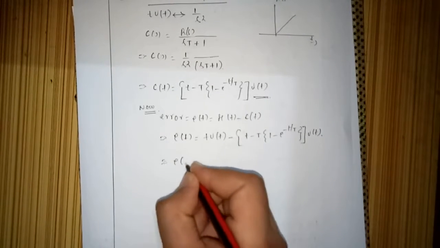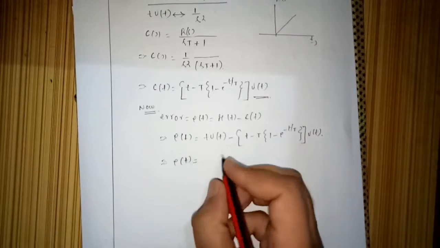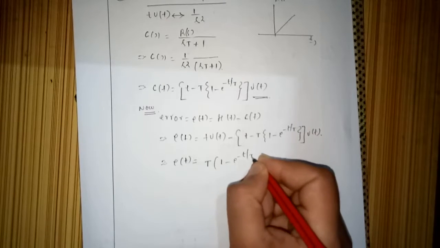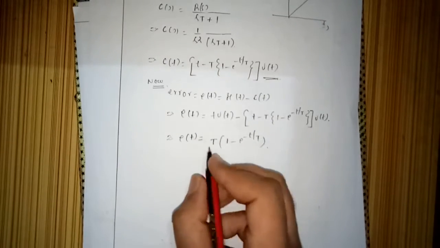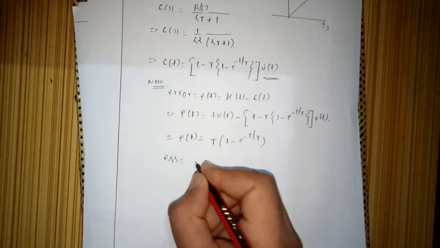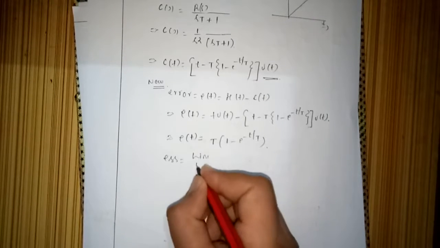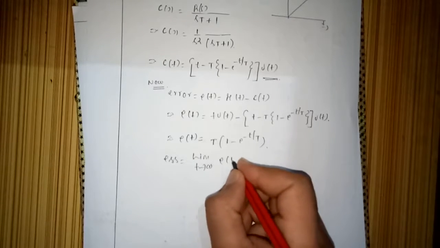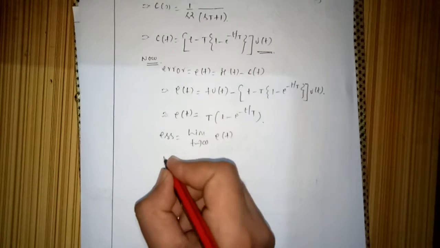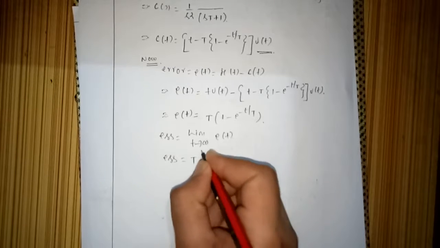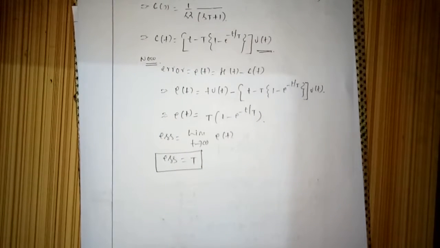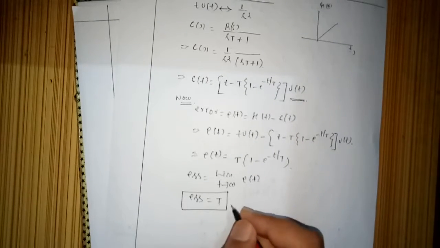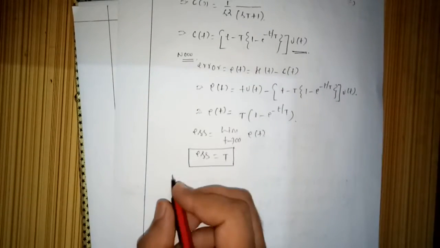So what I get is e(t) is equal to T into 1 minus e to the power minus t by T, right? So steady state error I can write as limit t tending to infinity of e(t). What I will get is steady state error T in ramp response, right? So my steady state error has increased now, right?